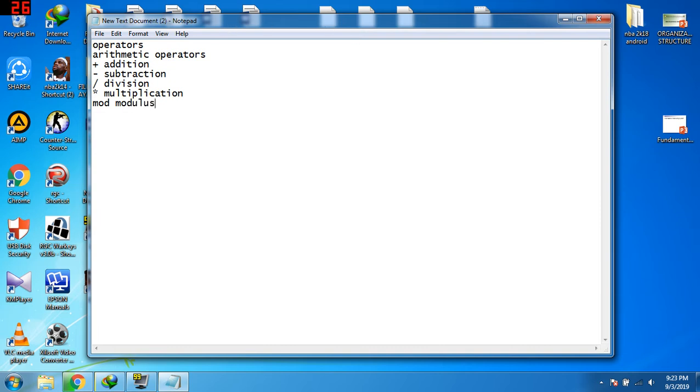So this is a symbol, MOD, and then that's represented by the definition of modulus. And we have backslash, this one, for integer division. And we have this symbol for exponential. Exponent.